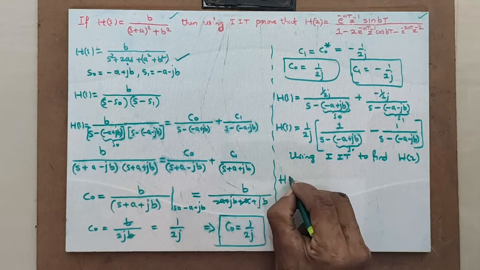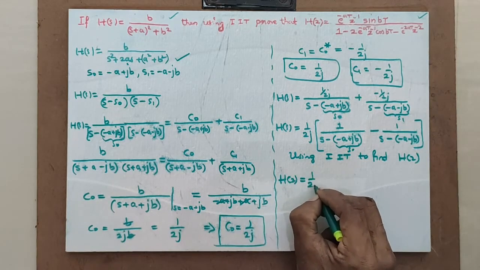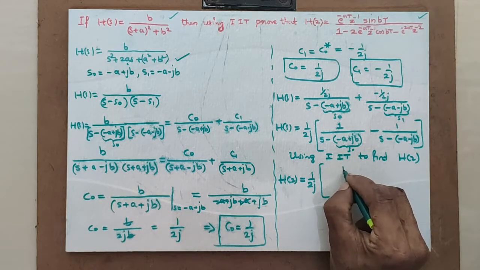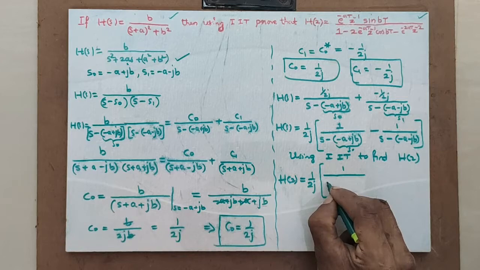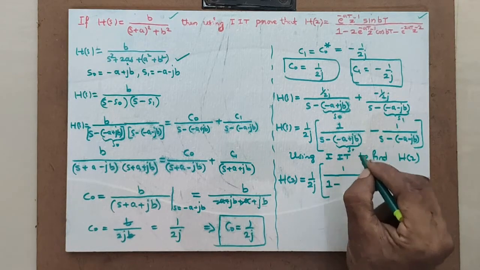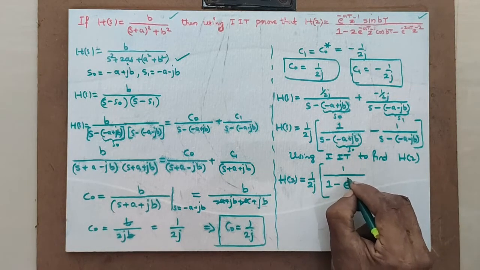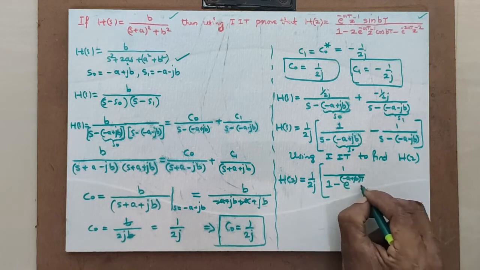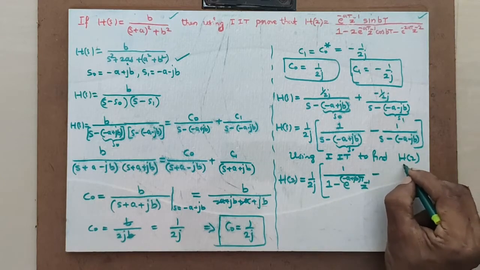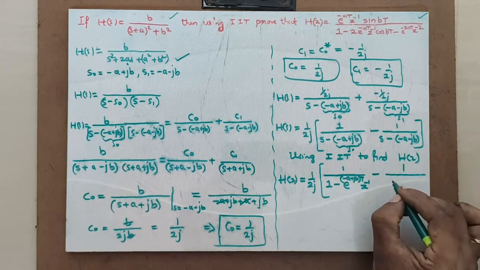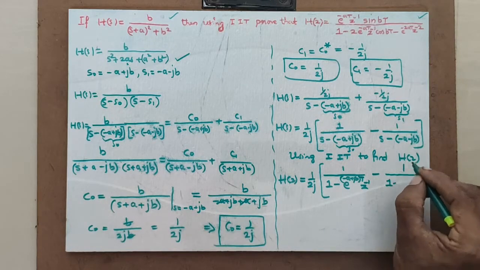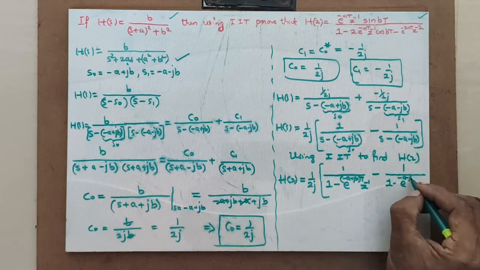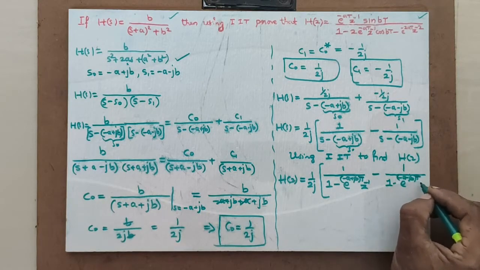Hence H(z) corresponding to the above equation is 1 over 2j whole times [1 divided by 1 minus e raised to (minus a plus jb) T z raised to minus 1, minus 1 divided by 1 minus e raised to (minus a minus jb) T z raised to minus 1].